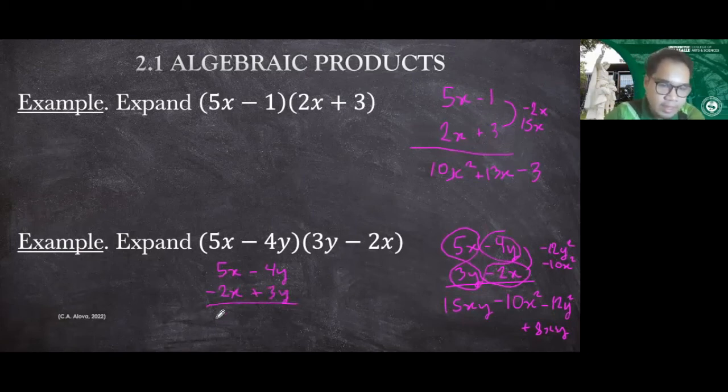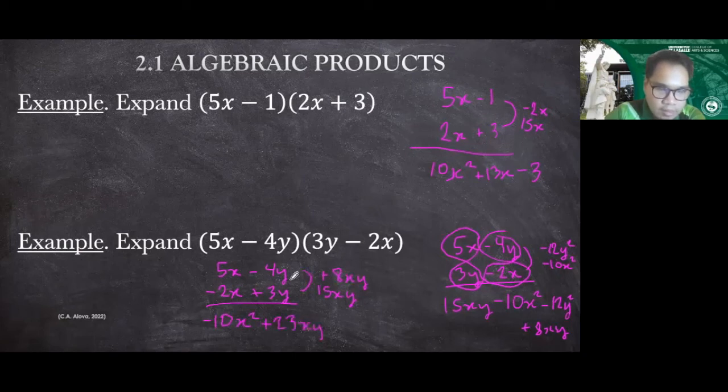5x times negative 2x is going to give us negative 10x squared. Crosswise, 5x times 3y is going to give us 15xy. Add that to the product of negative 4y times negative 2x. So that's going to give us positive 8xy. So 8xy plus 15xy is going to give us 23xy.